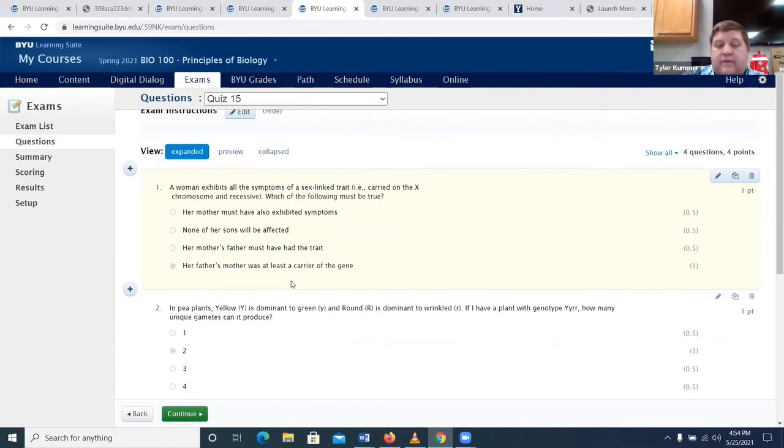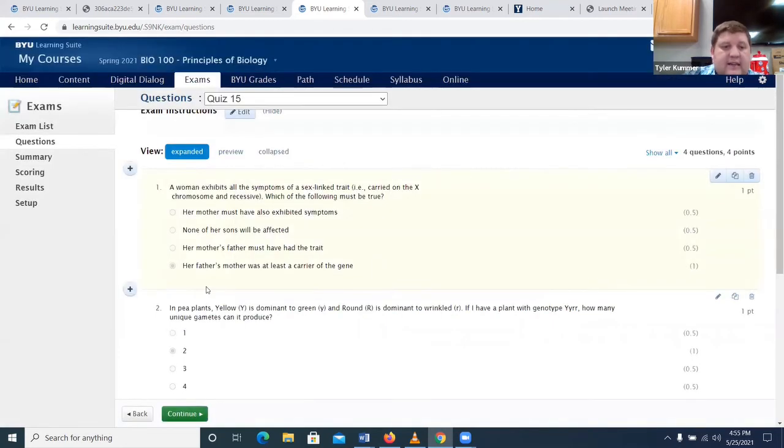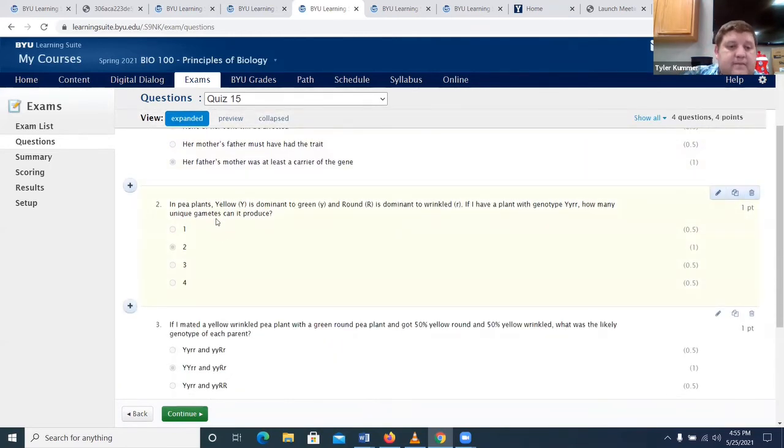And that means her father had to get it from his mother, because his father got his Y from his father, right? So her father could only get one copy, and got his one copy from his mother, which means his mother had to have at least one copy. So she had to at least be a carrier of the gene.